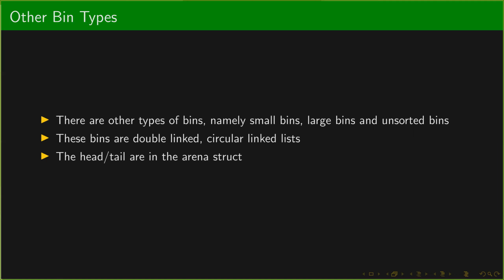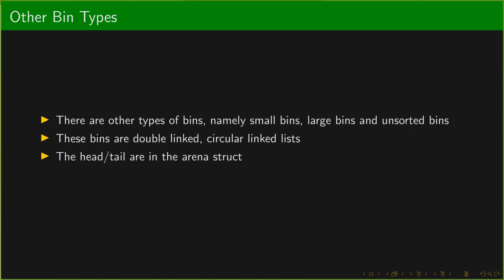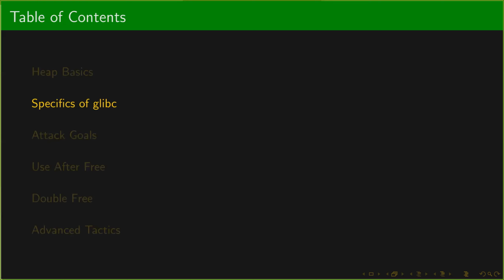So instead of just being a singly linked list like the fast bins, there's a backward pointer too that points backwards, and it's also a circular list. But that won't really be important until the end of the talk, and we'll talk about it again later. Okay, so that's the basic idea of a heap in general.